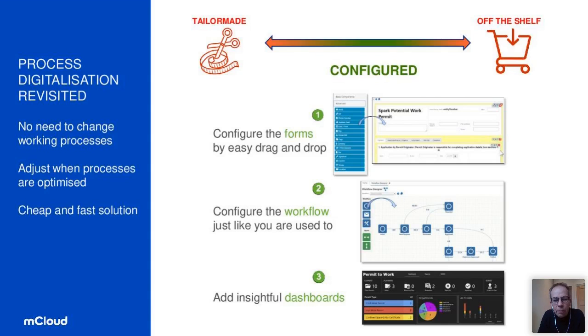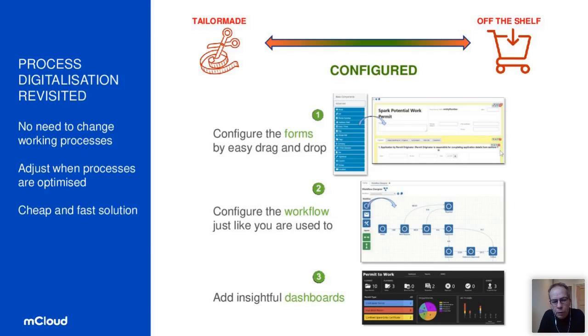But the biggest advantage of this way is actually that you don't need to have expensive upgrades when things change. Even super users that are trained in this tool can actually make minor changes themselves. When you want to adjust your processes, go ahead, you can do it.